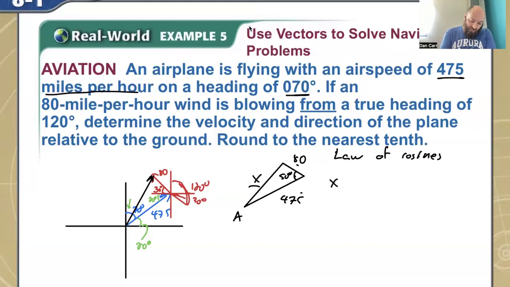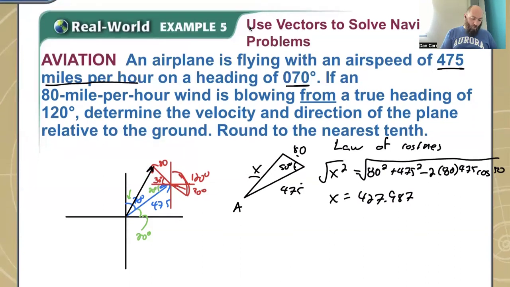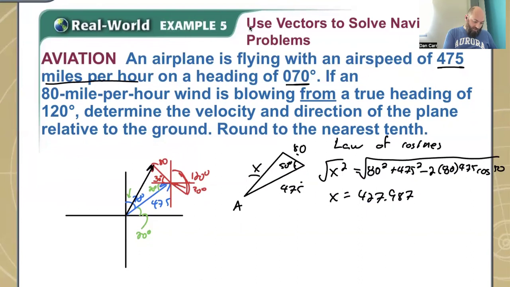Law of cosines states that x squared is equal to 80 squared plus 475 squared minus 2 times 80 times 475 times the cosine of 50. Then I take the square root of both sides, plug this all in my calculator at once, and I get x is equal to 427.987. For the next part, what we need to do is find this angle here.